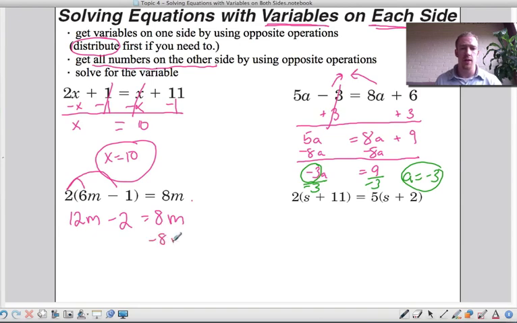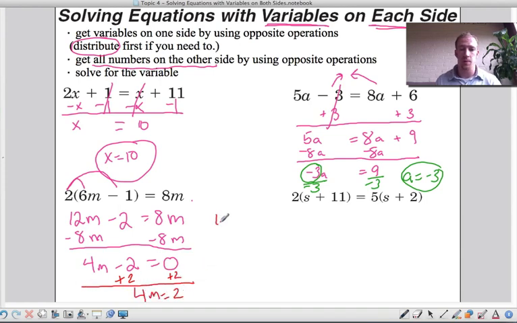When I subtract the 8m, alright, now I have 4m minus 2 equals, what's 8m minus 8m? That's just 0. So I write 0. So I keep it an equation. Then just add 2, and that gives me 4m equals 2. Divide by 4. That gives me m equals 2 over 4, or 1/2.